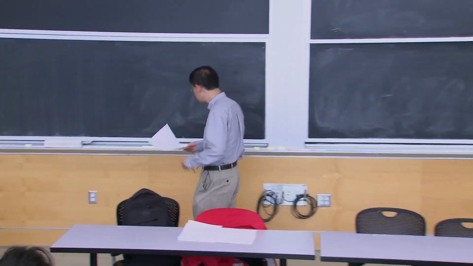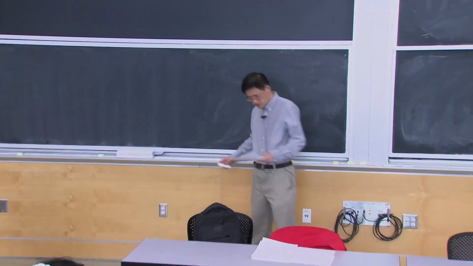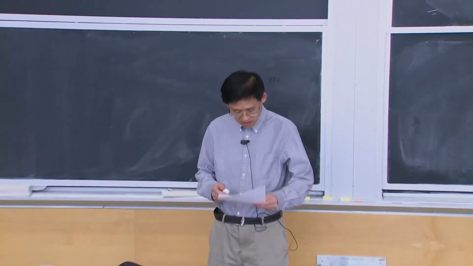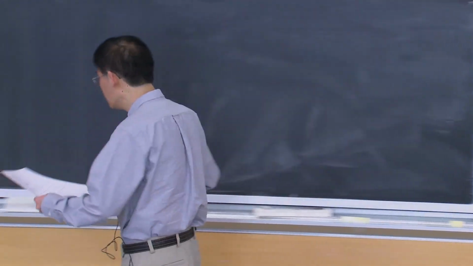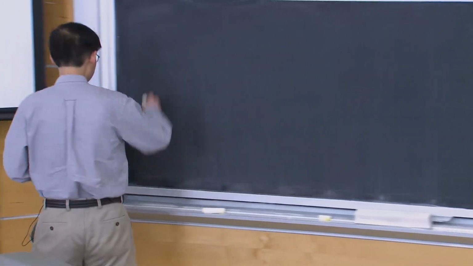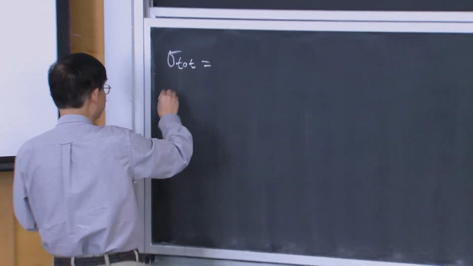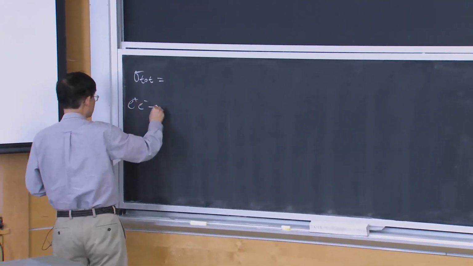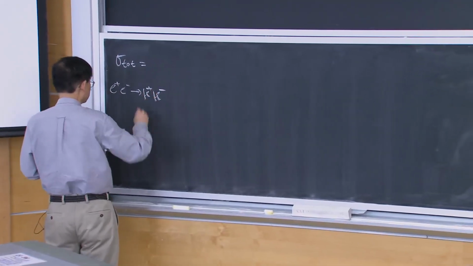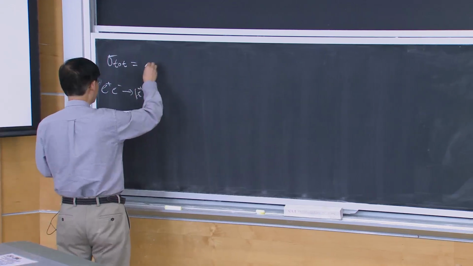So let's start. Let me just clarify one question which was asked last time. When we calculate the total cross section for, say, e+ e- to mu+ mu-, we find there's a funny fact.